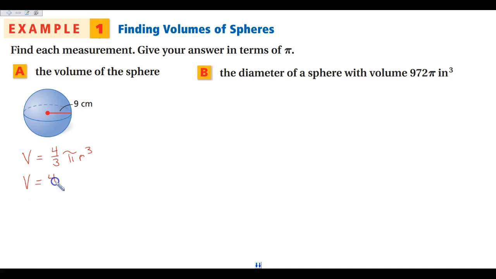So I'm going to do 4/3 times 9 cubed times pi. Okay, so 9 cubed is 9 times 9 times 9. Then when I multiply that by 4 and divide it by 3, I'm going to get 972 pi, and that's going to be centimeters cubed because, again, we are in volume.